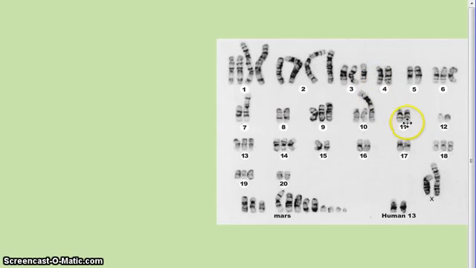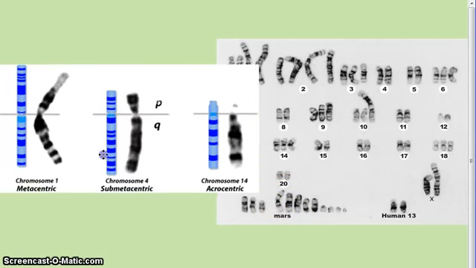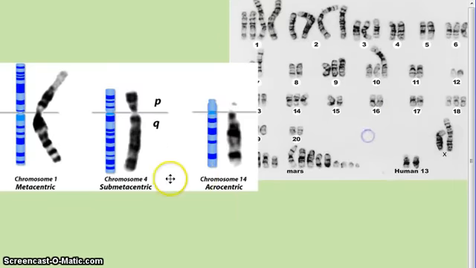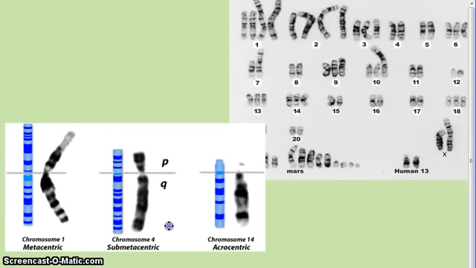You got one from your mom and you got one from your dad. They have these dark bands on them, and those dark bands are places where there's a high concentration of genes, of information, and then the lighter areas are pieces of DNA that don't code for anything really. And again, you don't need to understand that so much right now. Just understand that the genes on this chromosome have been organized.